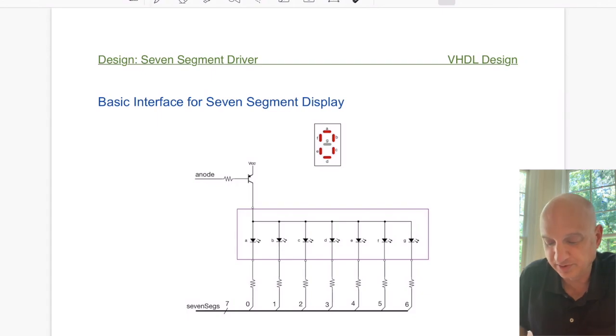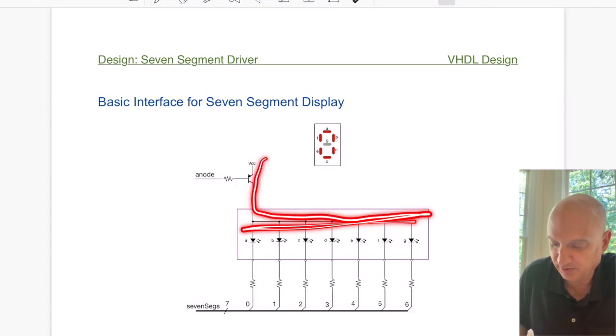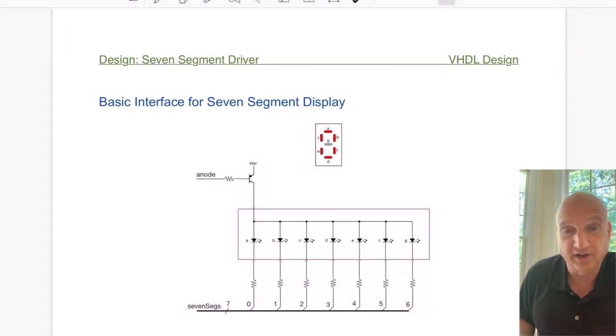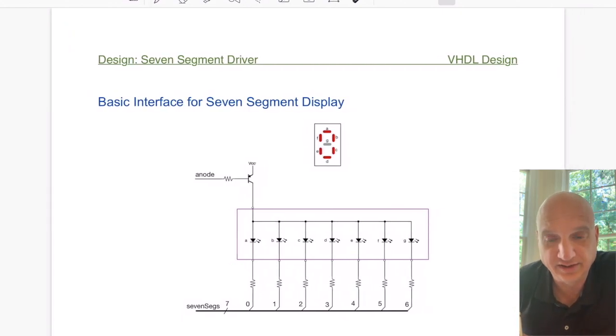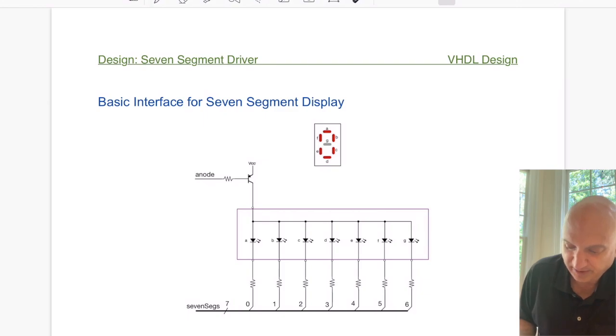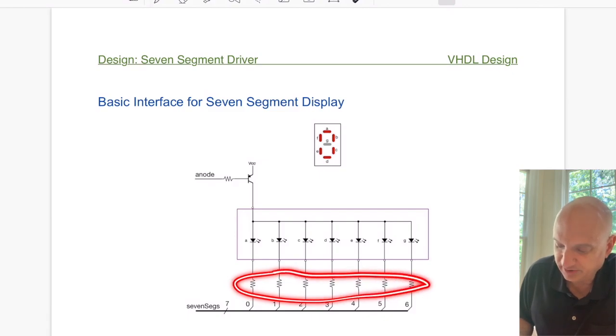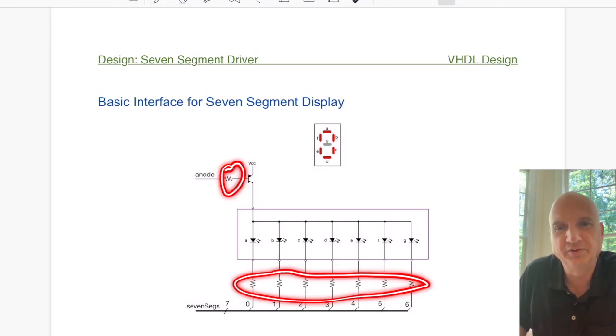And once that happens, it's going to mean that this has power along this bus right here. And that means that all we have to do to activate a particular LED is to activate and tie this line to ground, okay, and this line to ground. Now there's some important elements here that we want to remember. We have a whole series of resistors here whose main purpose is to limit the current and protect the pins on our chips, right?